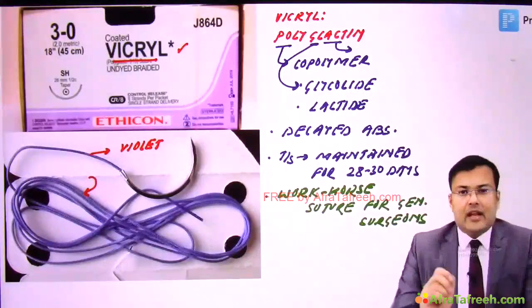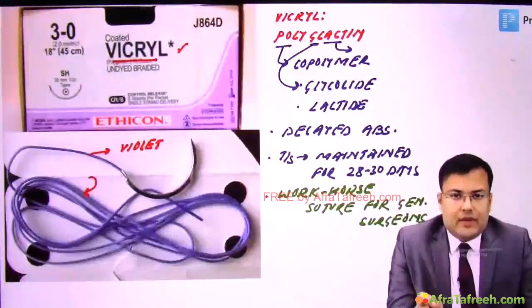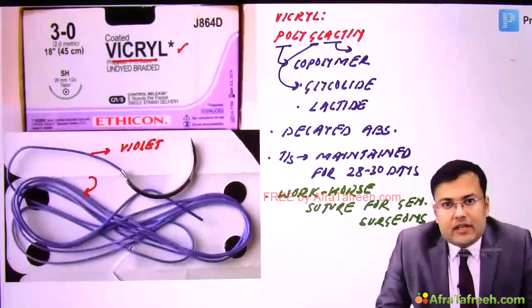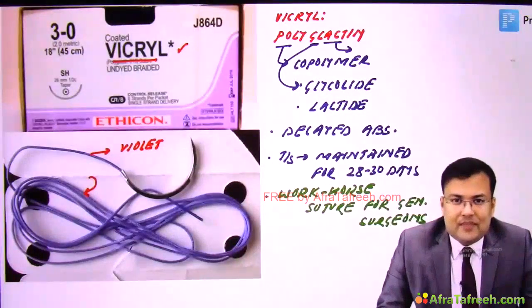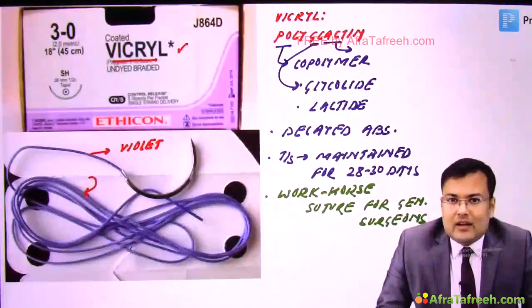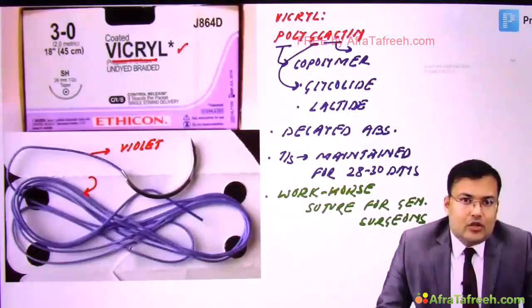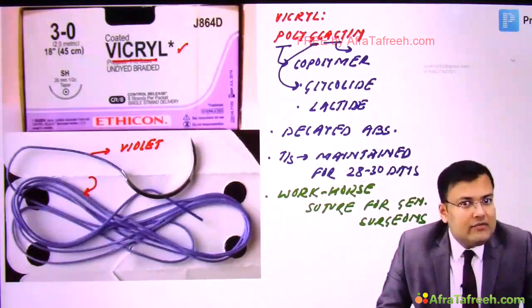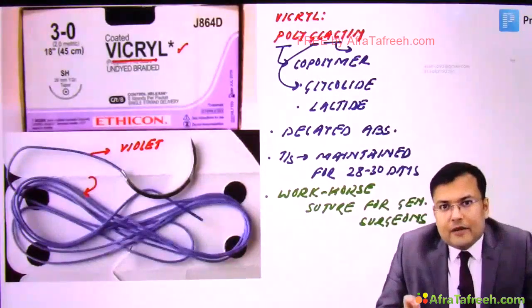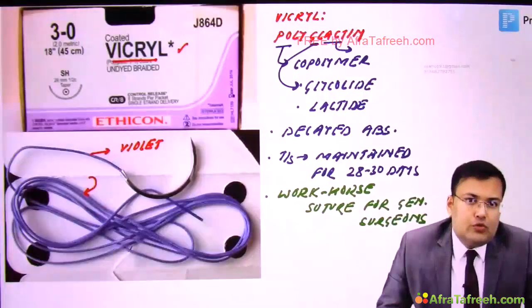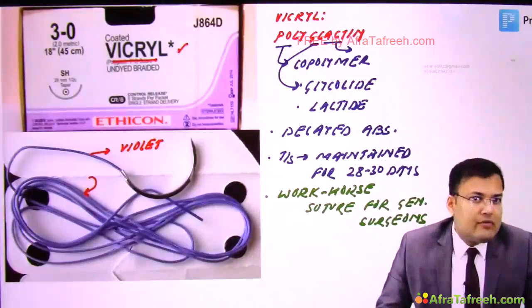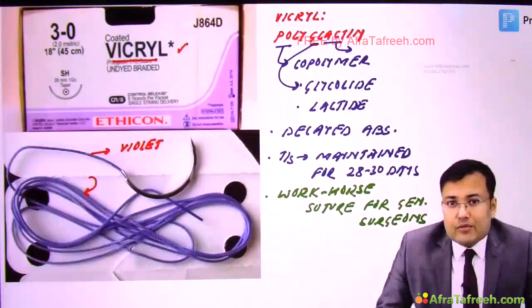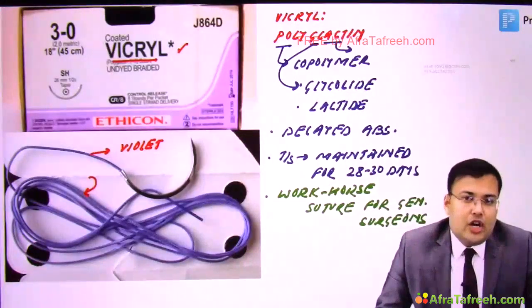Simple. Now, there is one important question. Consider the organs in which there is a stone formation tendency, like bile duct, ureter, bladder. If we are supposed to use a suture for those organs, which type should be used, absorbable or non-absorbable?